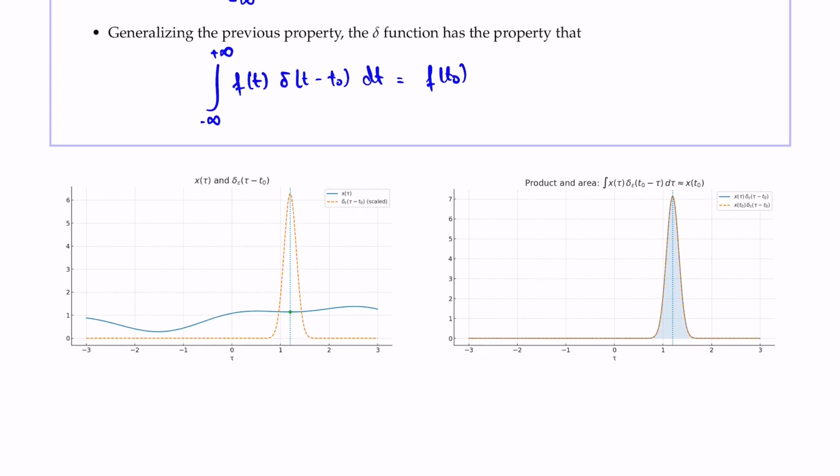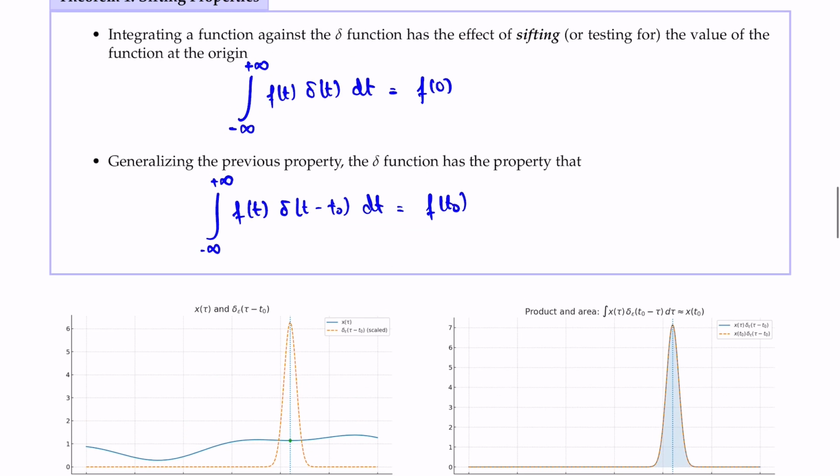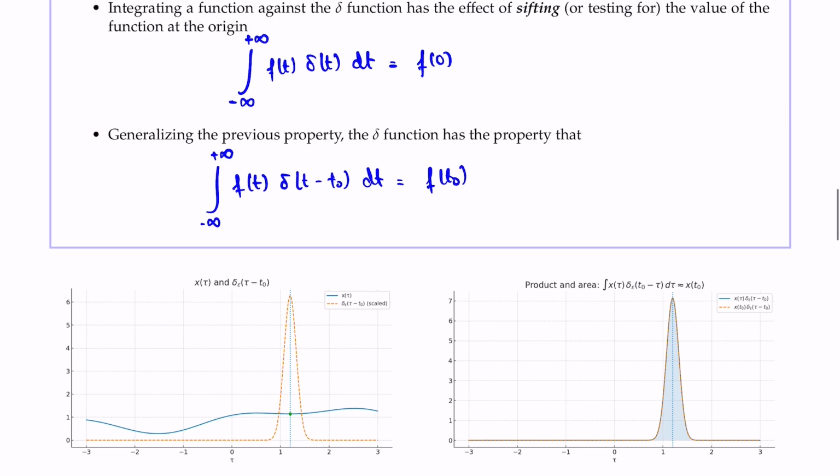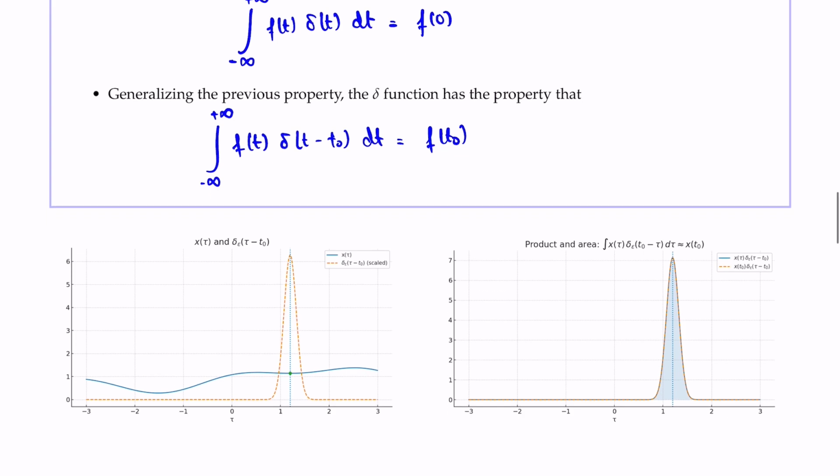So you have a function, x of t in this case, the function in blue, and a Dirac delta function in dashed orange. The shifting property is concentrated at a certain location and picks out that information. When you evaluate the integral from negative infinity to positive infinity of the product, it gives you something like this.